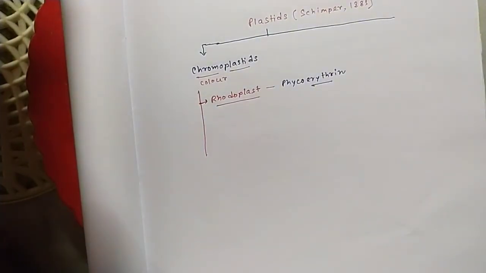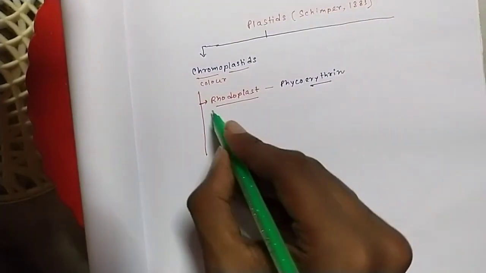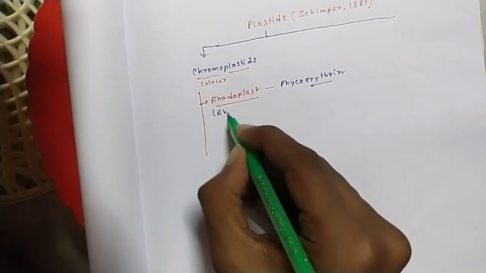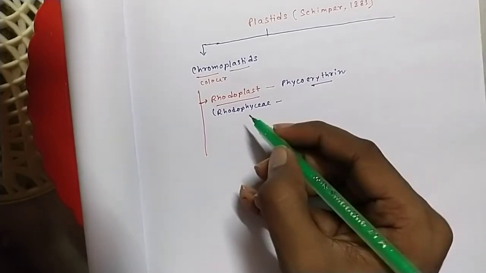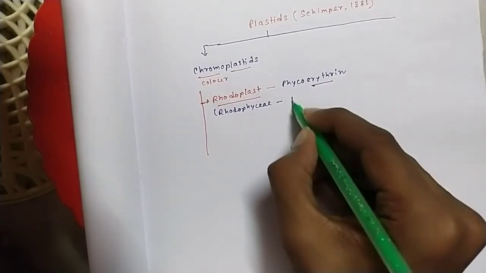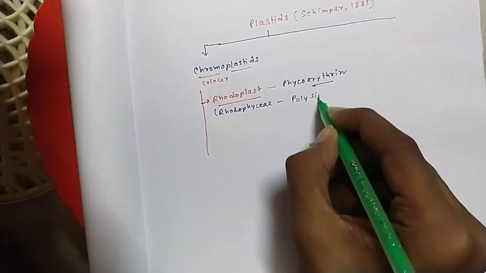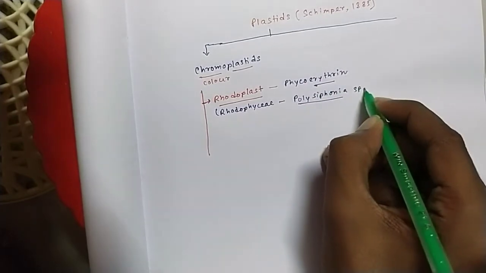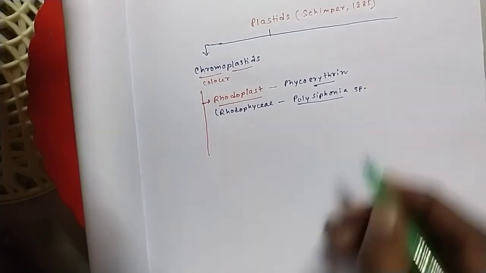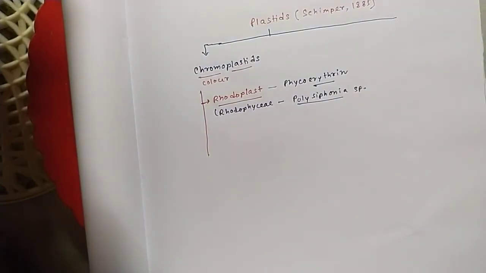That's why we call red blood cells erythrocytes. Now these rhodoplasts are found in Rhodophyceae, for example Polysiphonia, a filamentous red algae.